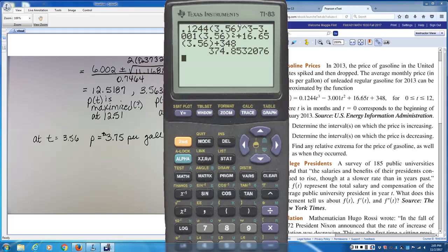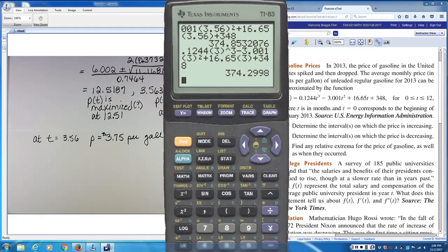Now, in order to determine if this is indeed a maximum, all we really need to do then is say, okay, let's go a little bit less than 3.56. Like maybe 3. Because that would have been at the beginning of March. So at the beginning of March, it was 374.